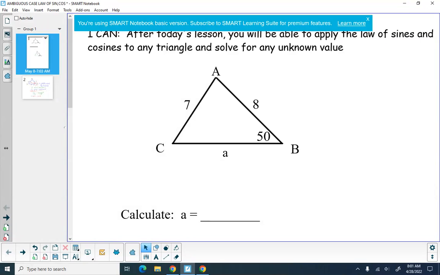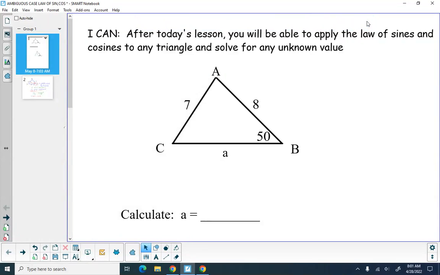We want to solve for little a. We know 2 sides of the triangle. We know 7 and 8. And we know an angle that's not included in those 2 sides. But we want to solve for angle A here.